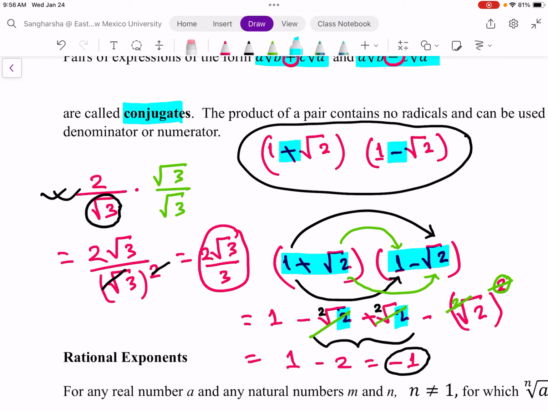Initially we had the square root of 3 as a denominator, which is an irrational number, and at the end we have 3, which is a rational number. Both of these expressions are the same number.